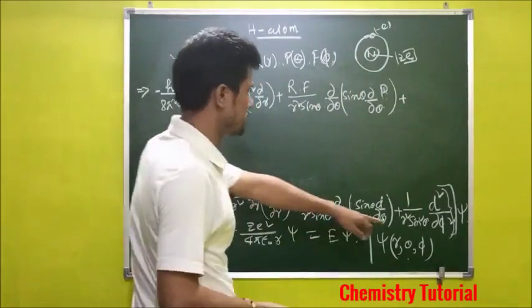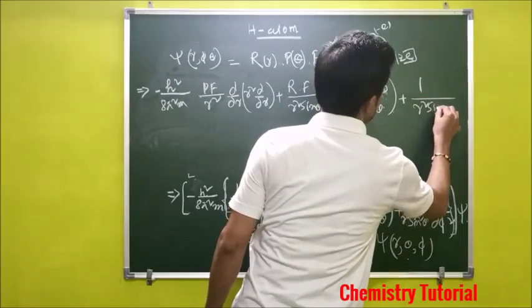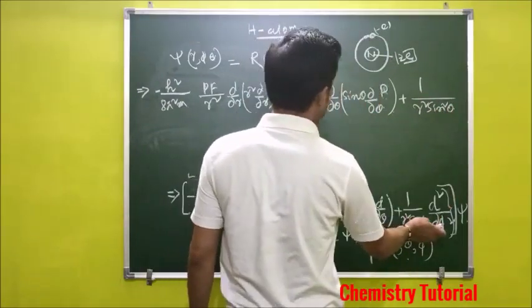So this term would become 1 by R square sin square theta. Here it is F dependent, okay.